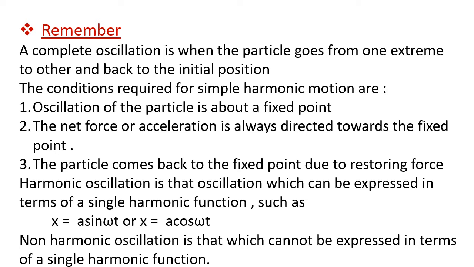Sine and cosine functions are called harmonic functions. So harmonic oscillation is that oscillation which can be expressed in terms of a single harmonic function, such as x = a sin ωt or x = a cos ωt.